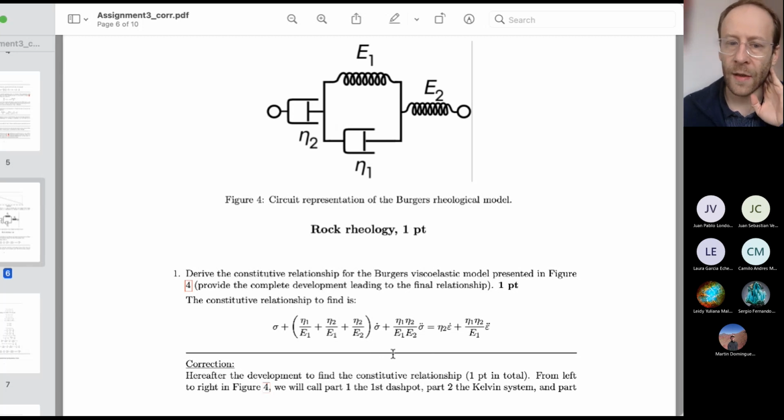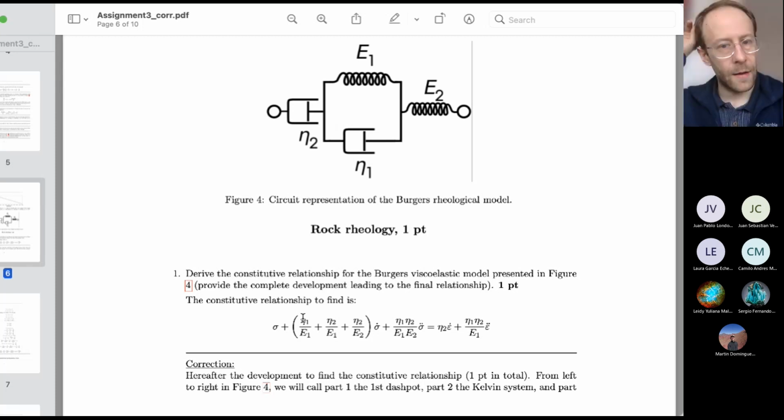It's a bit more complex than what you've seen before for Maxwell and Kelvin, because there are more elements. You have a mix of the stress and the strain and the different derivatives of the stress and the strain, and the different parameters corresponding to the different objects, so the viscosities and the Young's modulus.